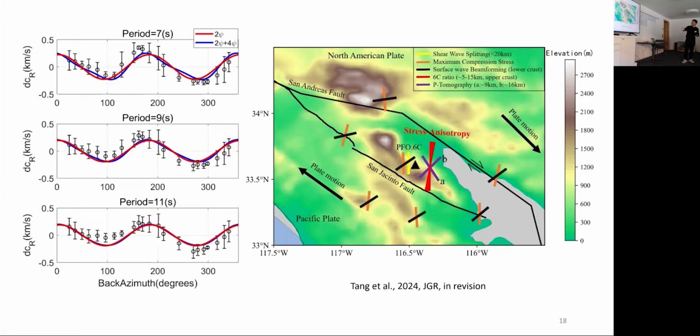And the yellow line is from shear wave splitting, using local earthquakes to estimate the faster direction, which means it is only sensitive to the upper crust. Our method focuses on 7 to 12 seconds, so it is also sensitive to the upper crust. So it has a similar faster direction, and we think it is a stress-induced anisotropy.